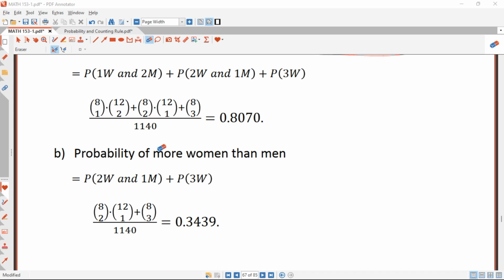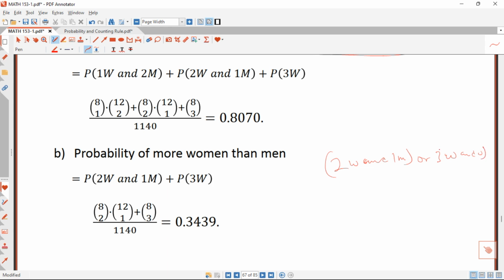So for the second question, we are to find the probability of more women than men, right? So here in the pairing, we want to see more women than men. So here we are going to get either 2 women and 1 man, or 3 women and 0 men, right?